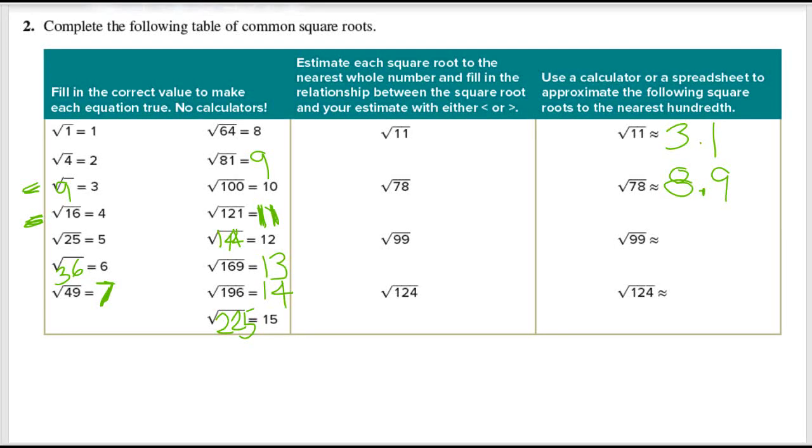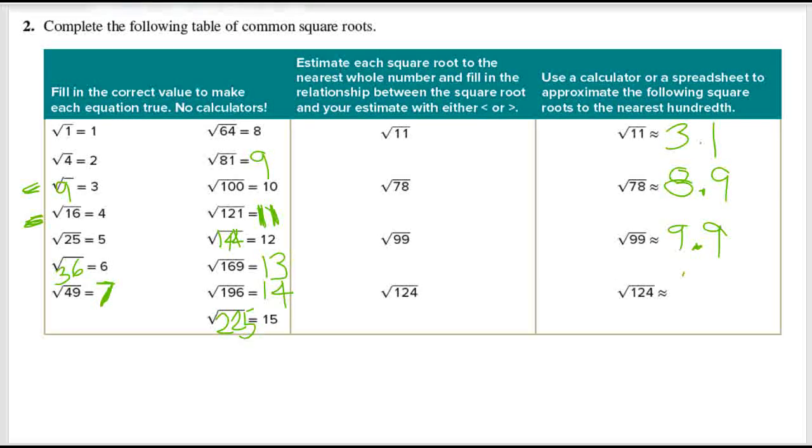Square root of 99, that is going to be very, very close to 10, but less than 10. I'll say 9.9, and it's probably more like 9.99. You can do that on your calculator and figure out what that is. 124, that's a little bit more than 121.